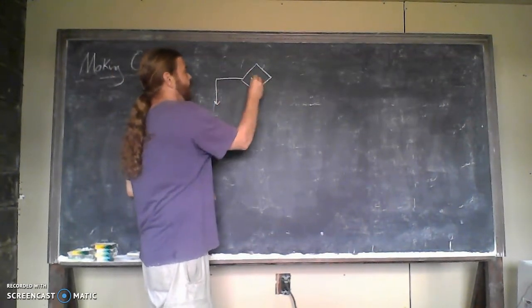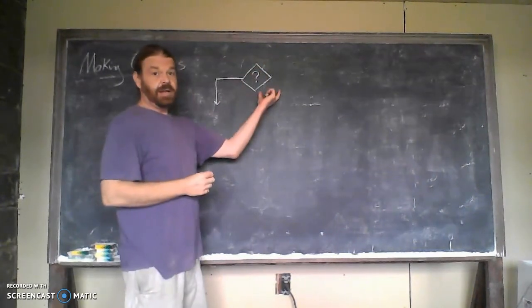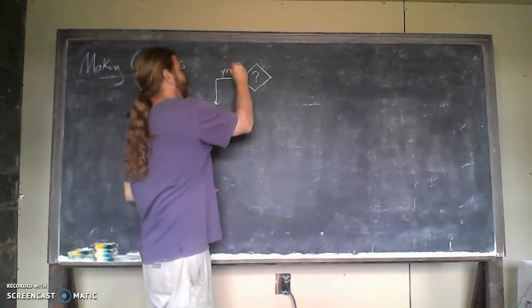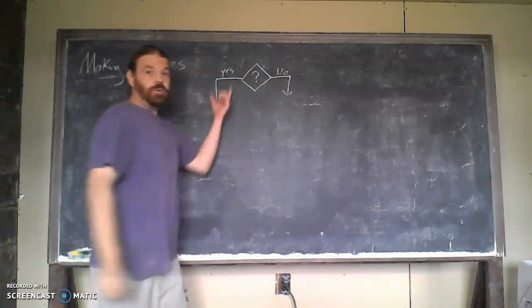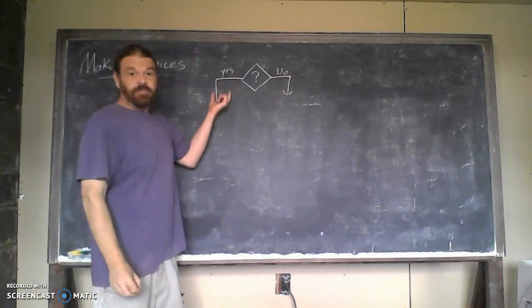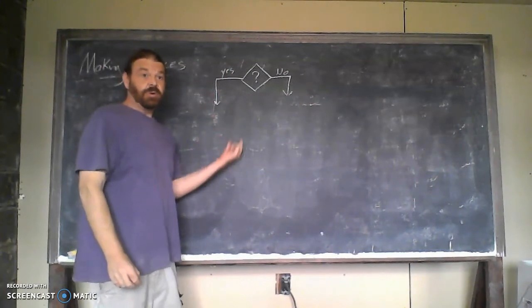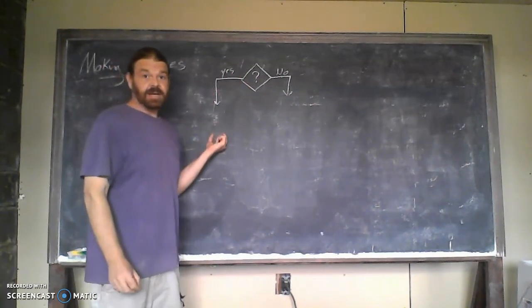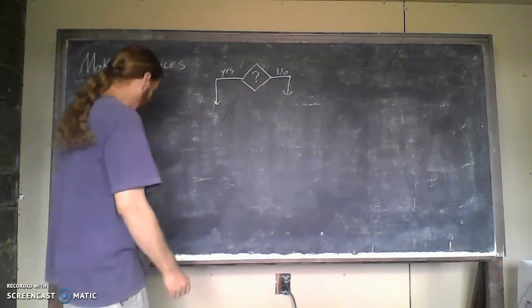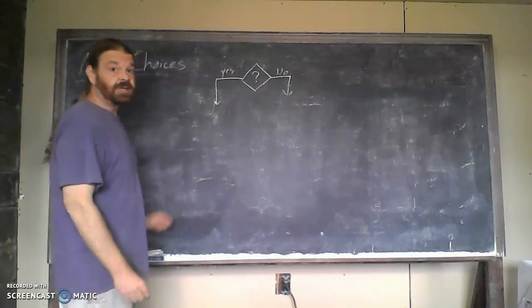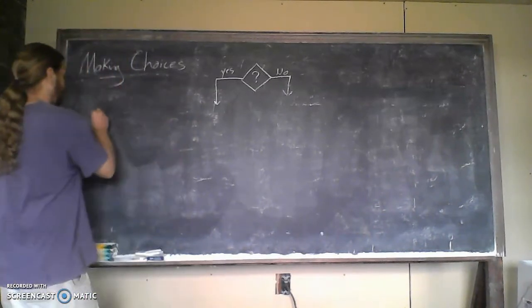So we'll put our condition in here, and then the answer to that will either be yes or no, and we'll fill out the steps of what to do if that condition is met, or what the steps to do if the condition is not met. So what I had in mind for this first one is a payroll calculator.